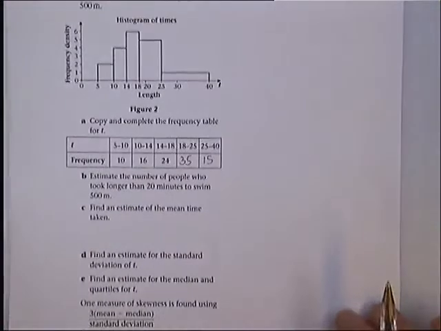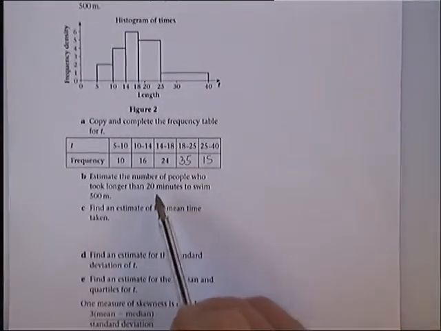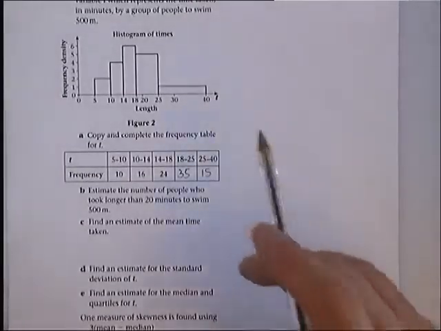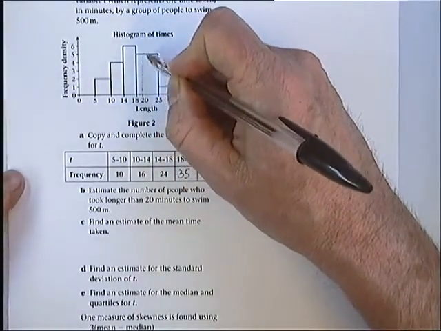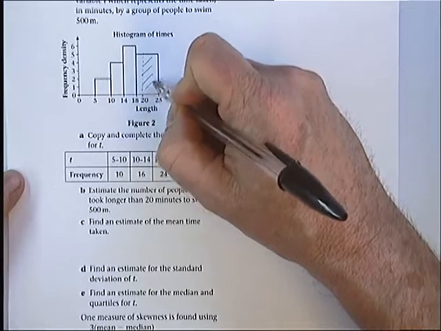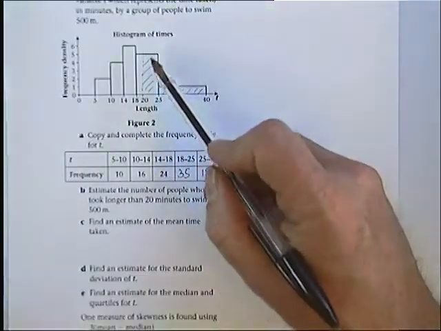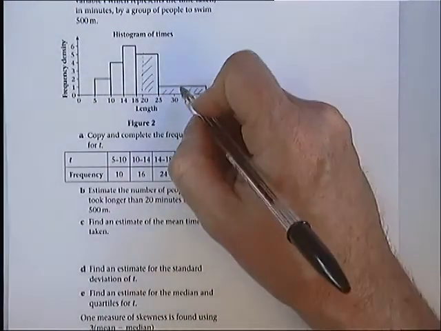Now the second part of the question says, estimate the number of people who took longer than 20 minutes to swim 500 metres. So if I go to 20 and dot a line there, we're looking to work out the number of people represented by the shaded area. We know that from 25 to 40 it's 15.